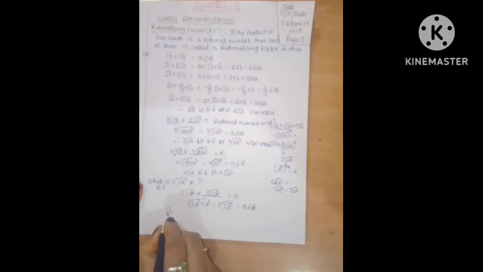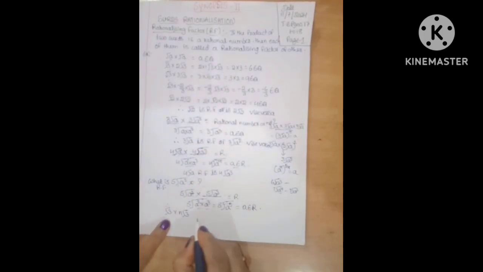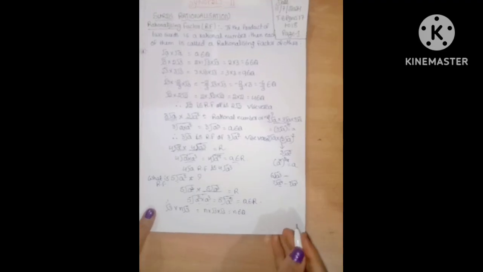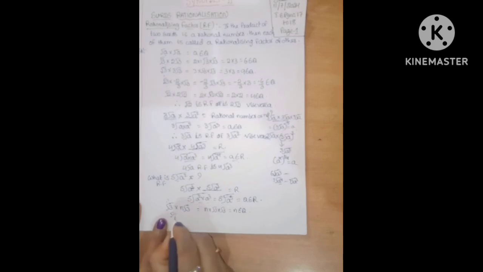Root 3 into the nth root 3, up to our nth root 3, with n belonging to Q. And root 2 into the nth root 2 also gives a rational number.